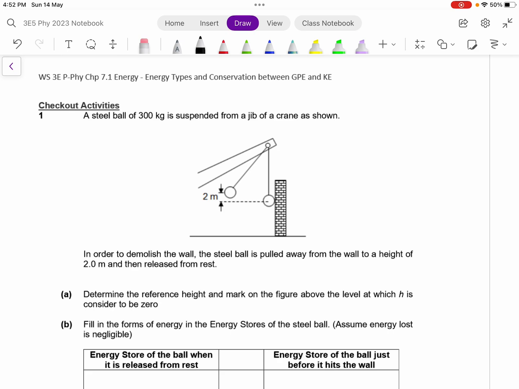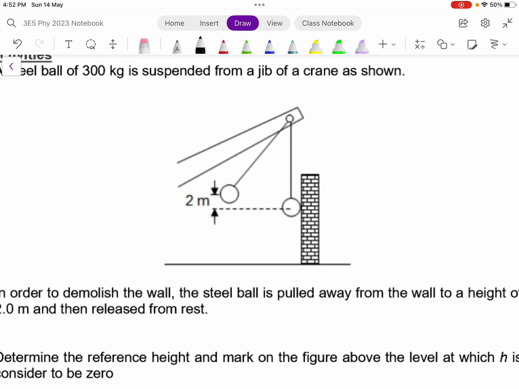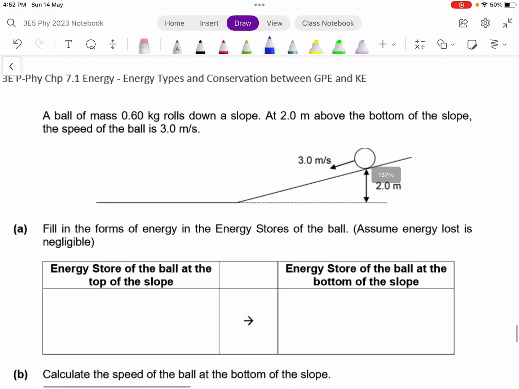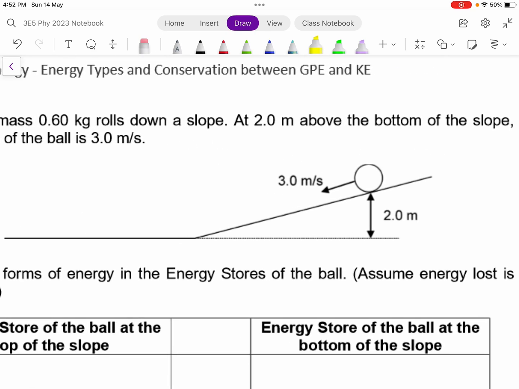If you need hints, down here, you can set h equals to 0, and your calculation will be much easier. And for here, be mindful that the object is already moving. So down here, if you take this as the initial state, you should have two forms of energy. And down here, you can set h equals to 0.